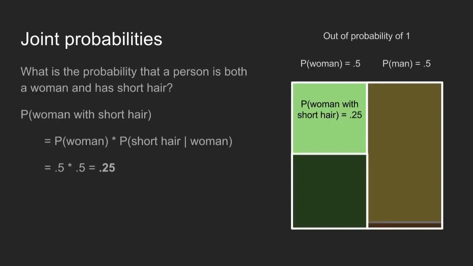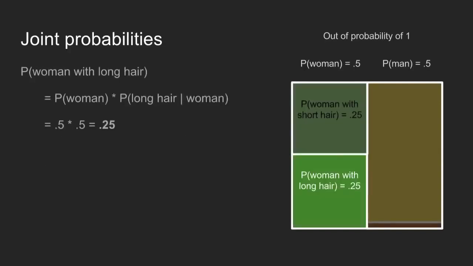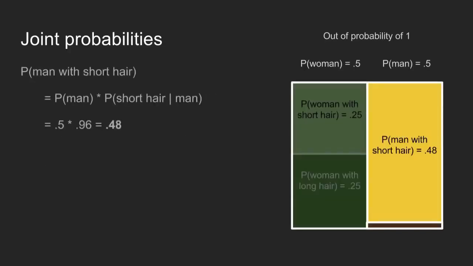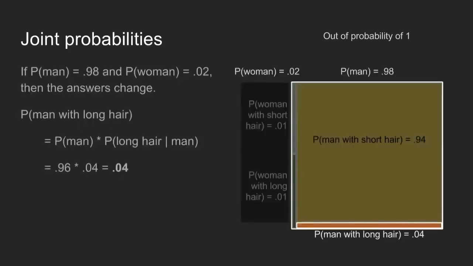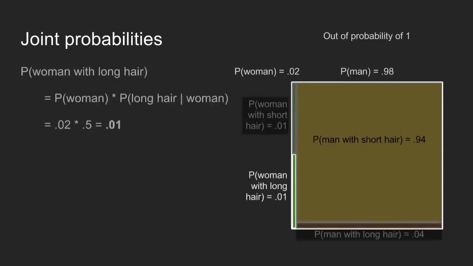So in this case, 0.5 times 0.5, we get 0.25, which is exactly what we knew it was going to be. And the same is true for all of our different conditions. So we can do this for the men's restroom too. The probability that someone is a man and has long hair, 4%. Someone is a woman and has long hair, 1%.